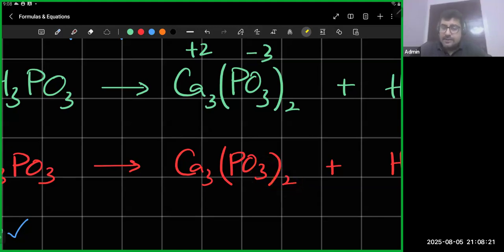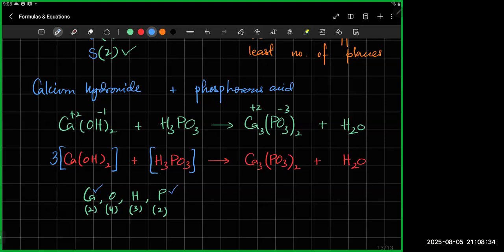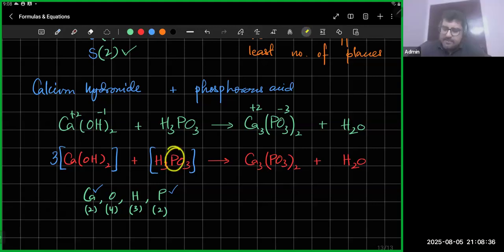But anyways, there are two P's over here. So किससे multiply करूँ? Two sir. This one has one P, so I'm going to multiply it with two. So I have two P's. So P is done.